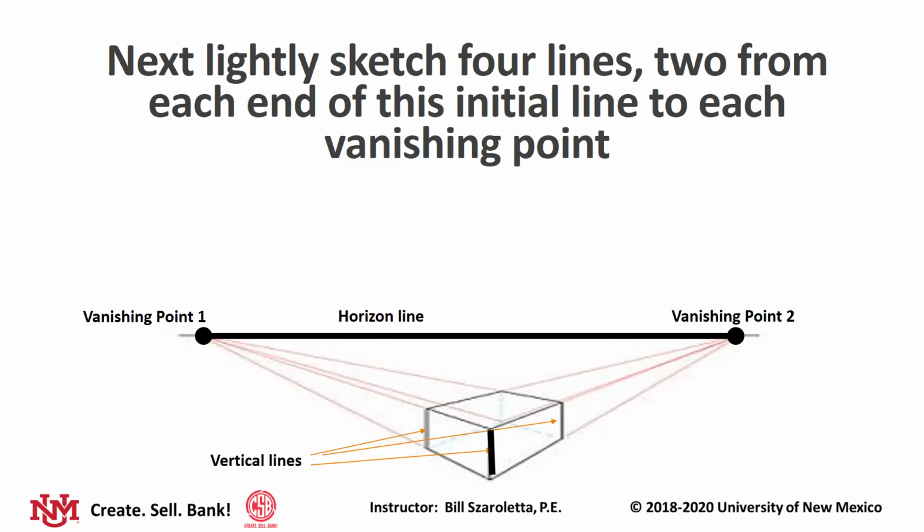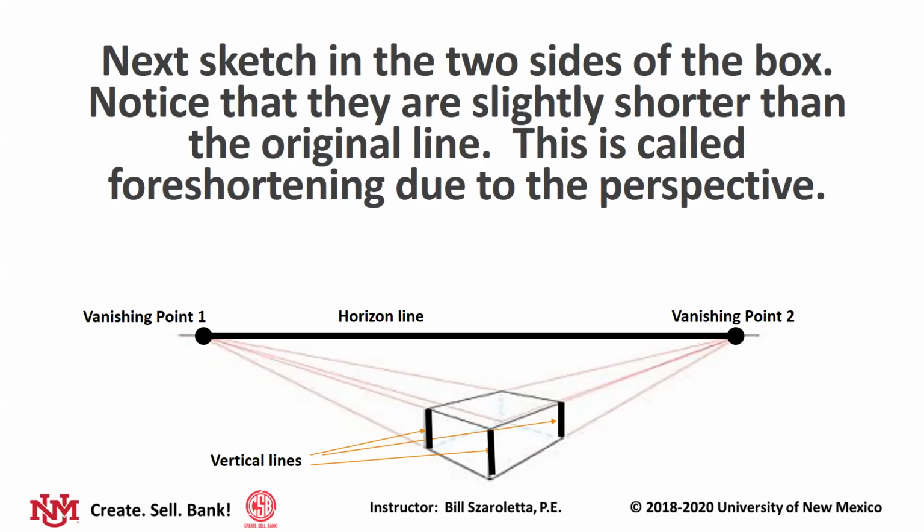So you have 4 lines going to each vanishing point. And now you sketch the visible back sides. Now, notice that they're shorter. This line is shorter than this. This line is shorter than that because it's receding. It's getting back towards the vanishing point.